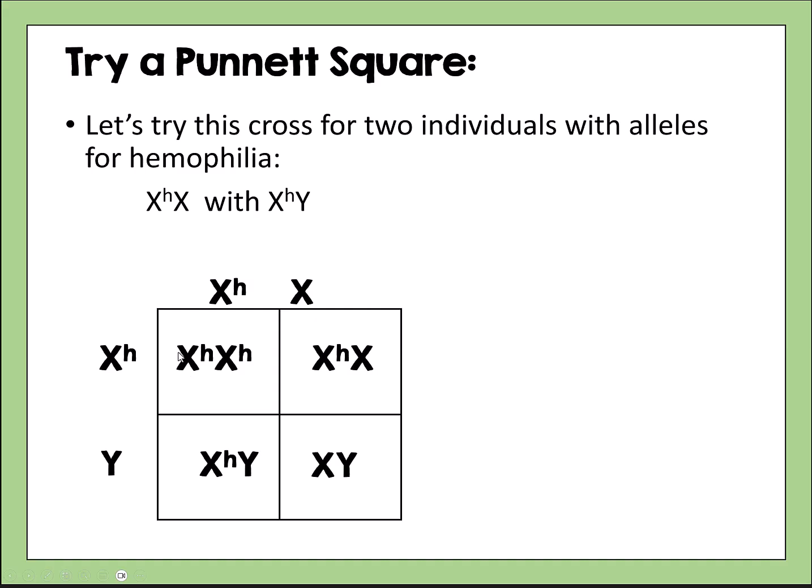So their offspring could have the possibility of being female with the trait, with hemophilia. They could be a carrier female. They could be a male affected by hemophilia, or they could be an unaffected male.